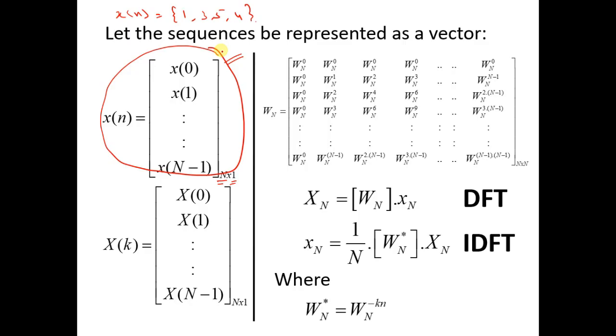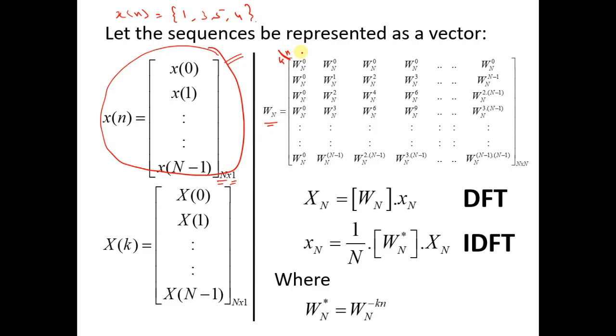Okay, then comes our twiddle factor matrix. When we have this twiddle factor matrix, we have two variables, small n and small k. So let us take n for the rows and k for the columns.